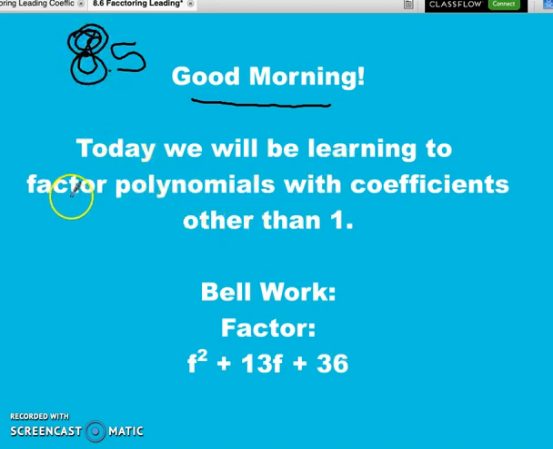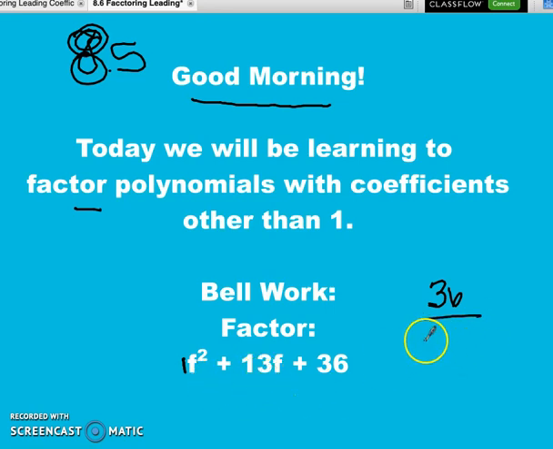We are going to be learning how to factor polynomials with leading coefficients other than 1. So the bell work, being able to factor this, the leading coefficient is 1 right here. So this is where factors of 36 that add up to 13.